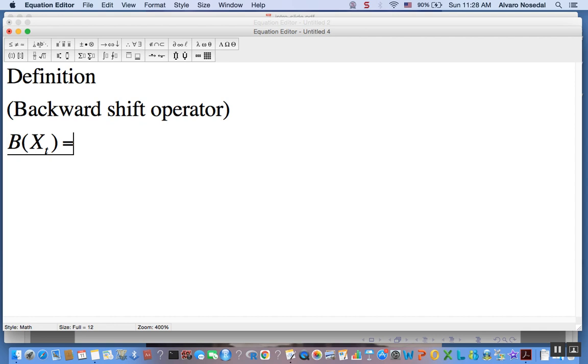So we end up with x at t minus 1. Make sense? Now, instead of using this notation in the future, B applied to xt, we're going to write it just like this, B xt.